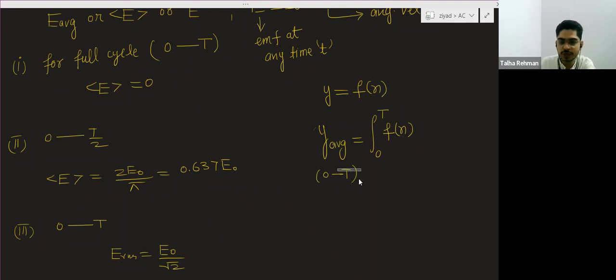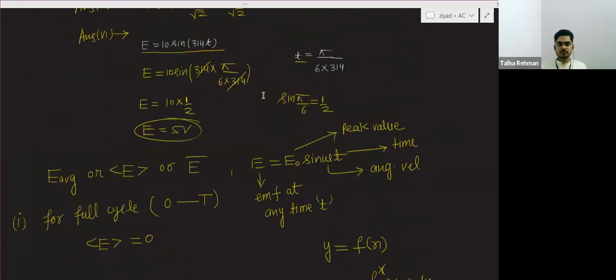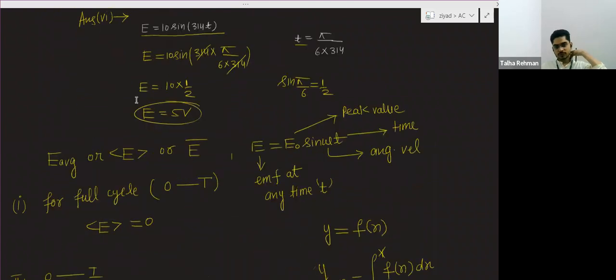Suppose I want to calculate it for 0 to capital X. So the limit of integration will be 0 to capital X, divided by integral of dx from 0 to capital X. So this is your revision.